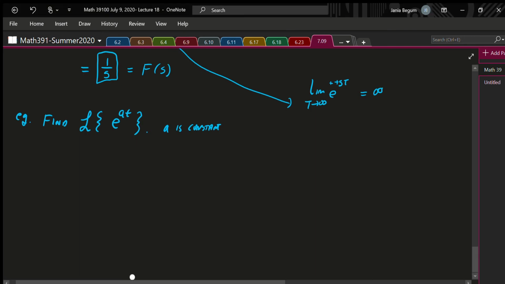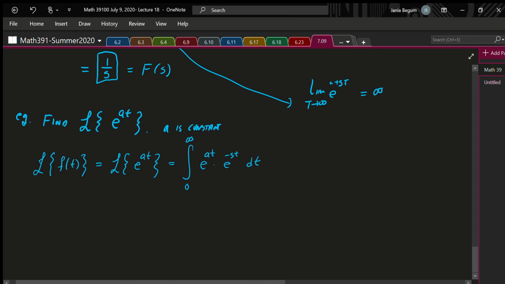We know the Laplace transform of any function is going to be the improper integral. In this case, our f of t is e to the at, so we're doing the Laplace transform of e to the at. So we have the improper integral from 0 to infinity of e to the at times the kernel e to the negative st dt.